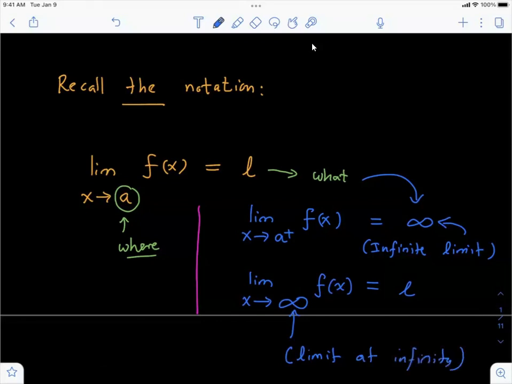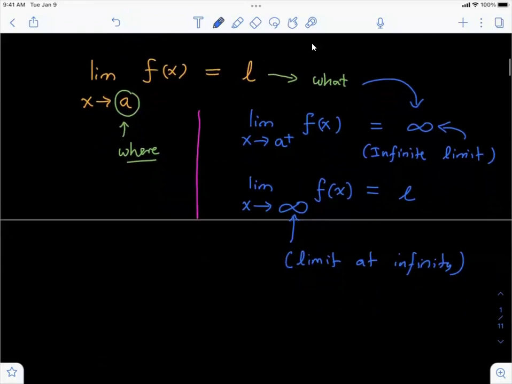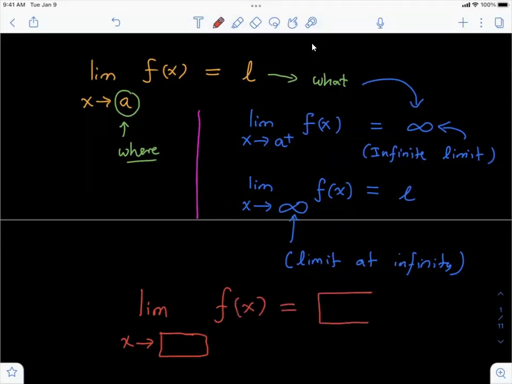As a summary, to understand this nature, you can simply have two placeholders in this picture. Limit as x goes to blank, f of x equals blank. When it comes to an infinite limit, you're going to fill the second block with an infinity.